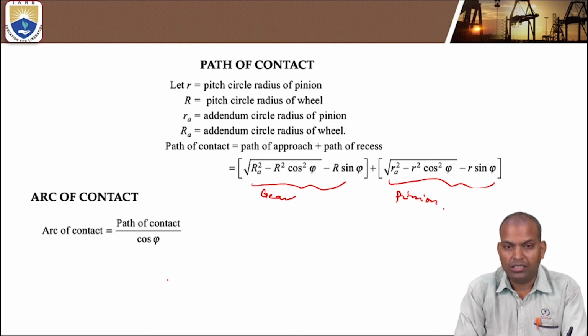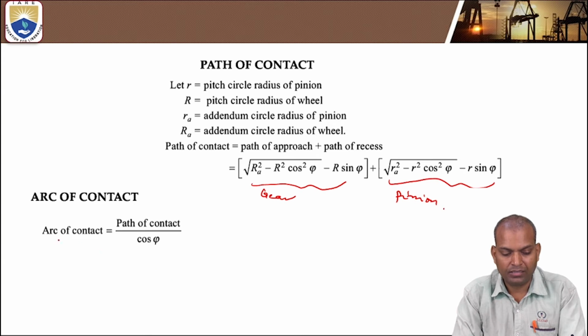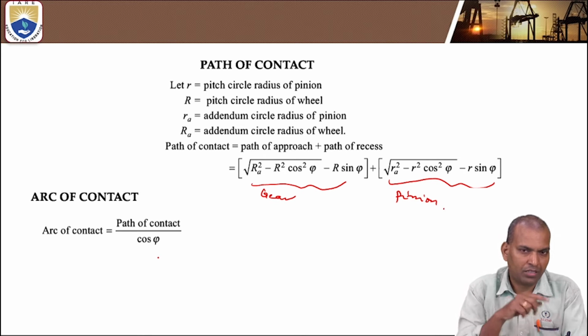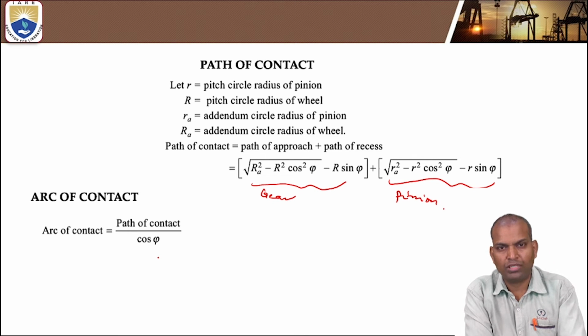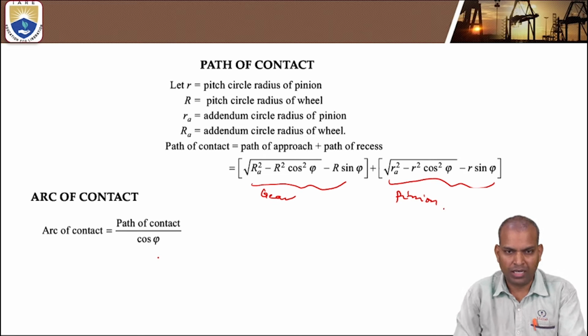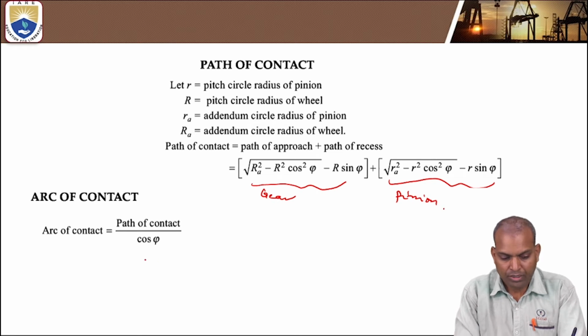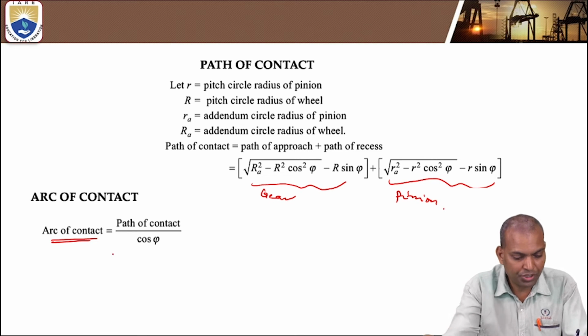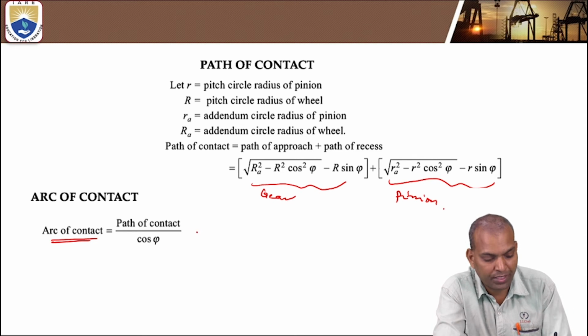That means the arc of contact is related to the path of contact, and the path of contact is related to the beginning of engagement and the end of engagement. So the arc of contact, as I mentioned, is path of contact by cos phi.